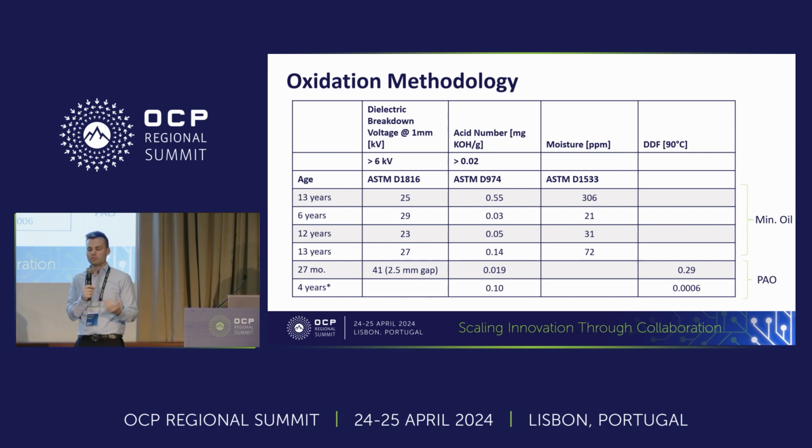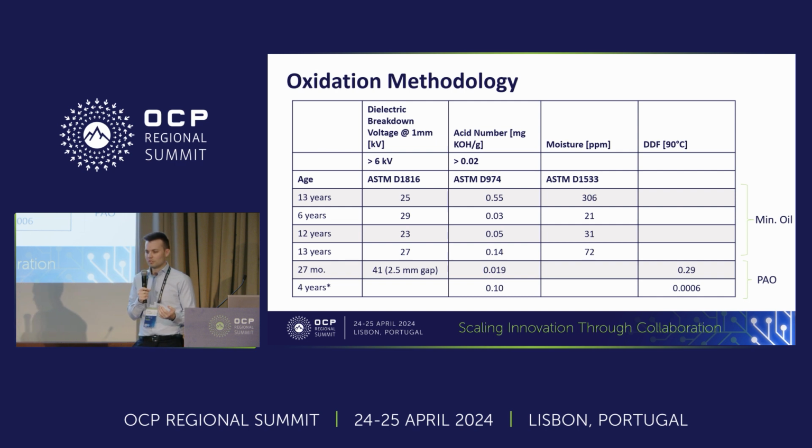That's a really common question a lot of people ask: how long is this stuff going to last? You can see here that there are some quite old samples coming in, and the properties are more than reasonable for the age that they've been deployed.